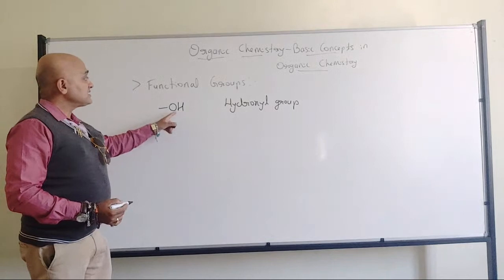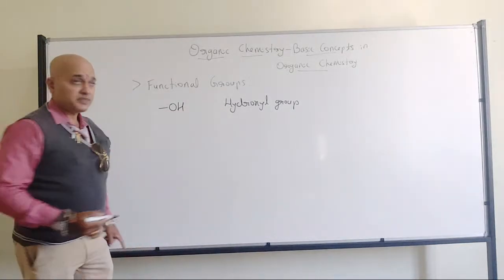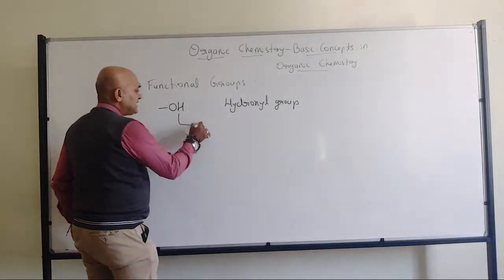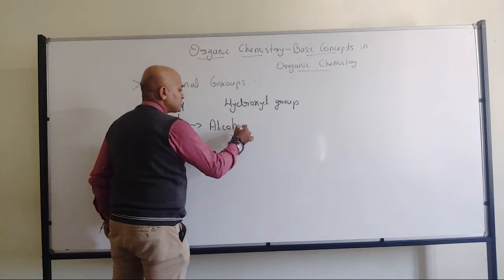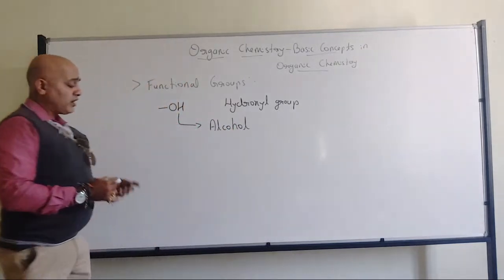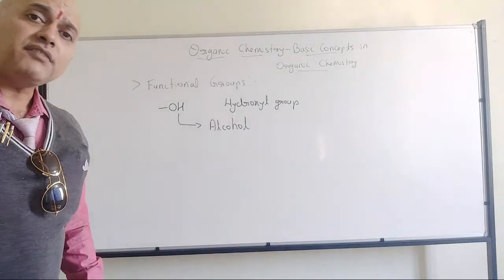When we are not considering this one as a functional group, we call it the hydroxyl group. Otherwise, when it is acting as a functional group, we call it the alcohol functional group. All of you have understood?